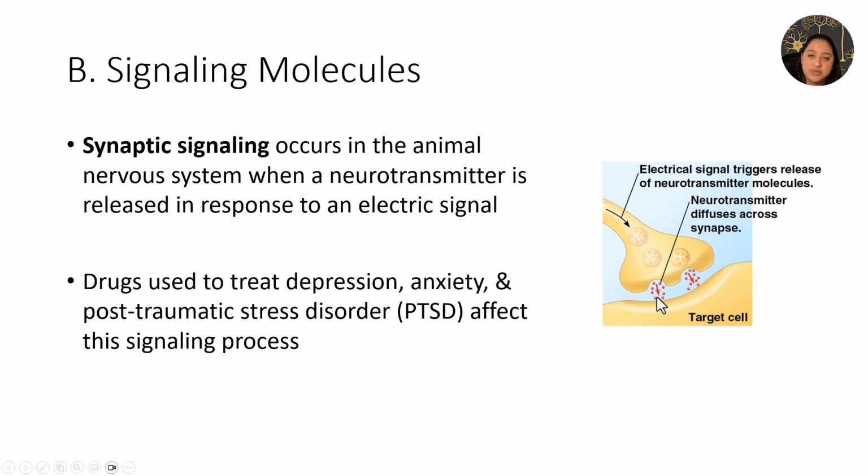So there's reuptake. SSRIs block the reuptake so that there's still some serotonin hanging out and working a little bit more, because maybe that's what this person needs. So yeah, that's an example of signaling molecules, neurotransmitters.